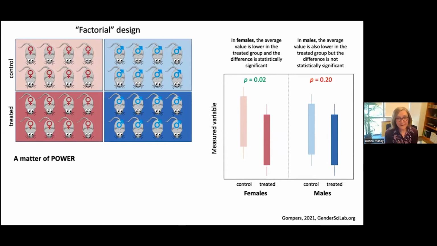So let's say that in your study, the males and females respond in an identical way. Let's just say that was the real outcome of your study, that there's no sex difference in the response, and you're trying to detect that statistically. The odds that you're going to find a result like this, meaning a p-value below alpha in one sex and above in the other, depends on your power.